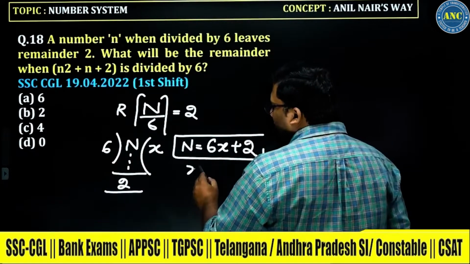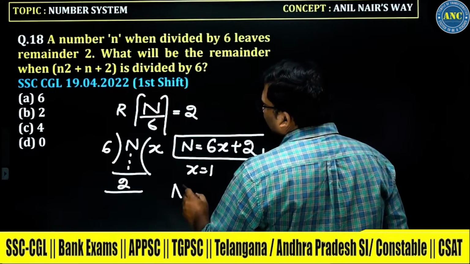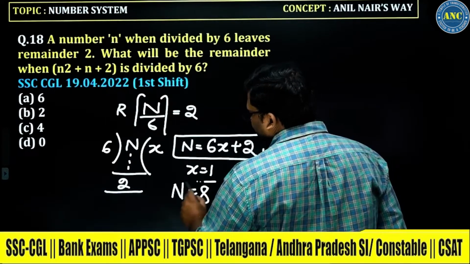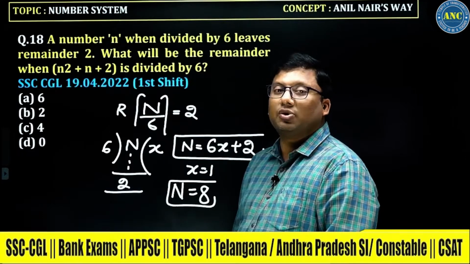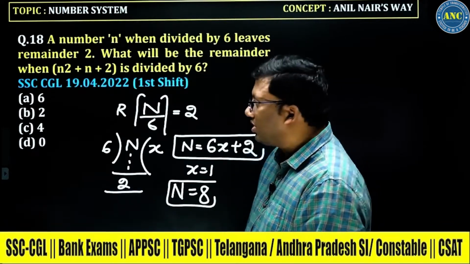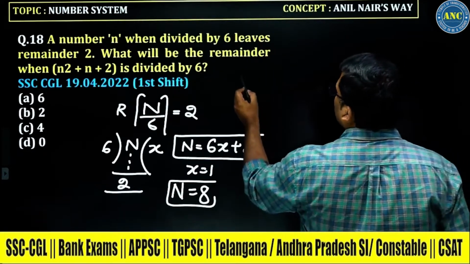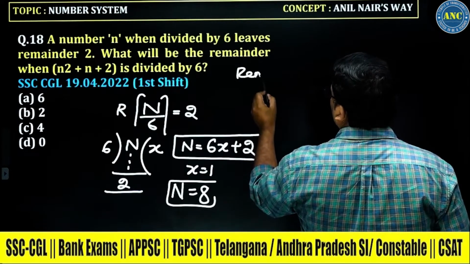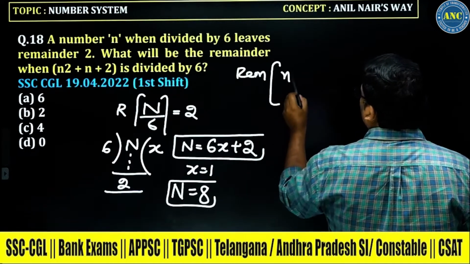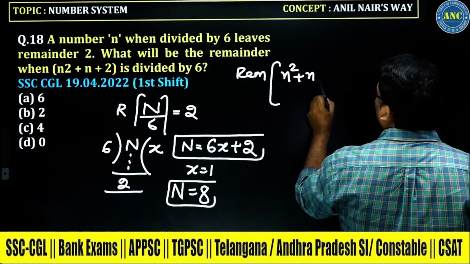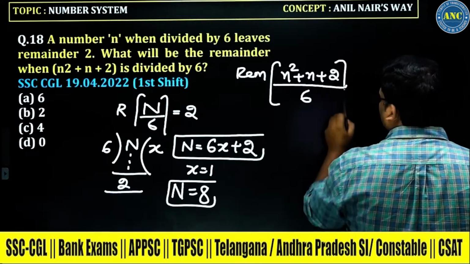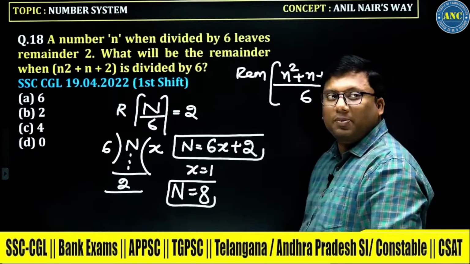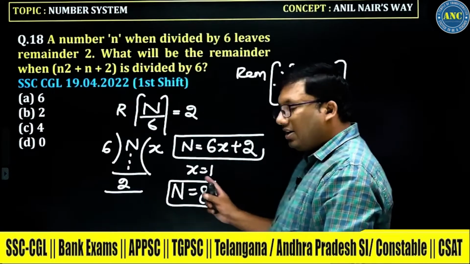Take x value 1, you will get n value 8. Question contains variables, answer contains numerical values. Substitution is the best method. I need to find the remainder when n square plus n plus 2 is divided by 6.